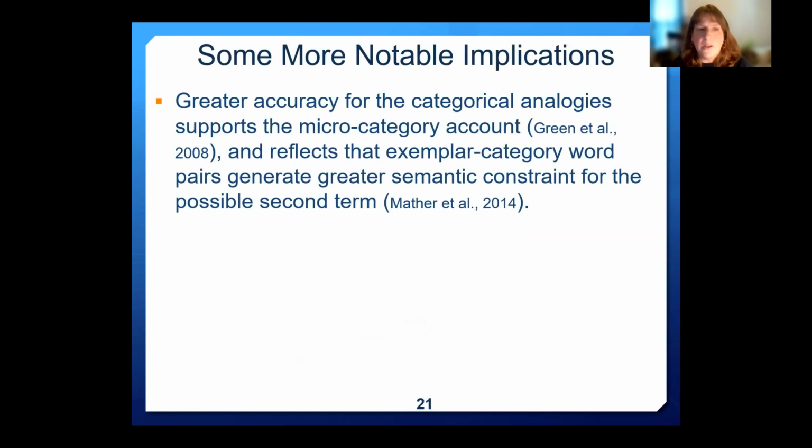And then some more notable implications. There was greater accuracy for the categorical analogies, supporting the microcategory account that argues the spontaneous activation of the categorical relation. However, that could also reflect the exemplar category word pairs being more semantically constraining for that possible second term.